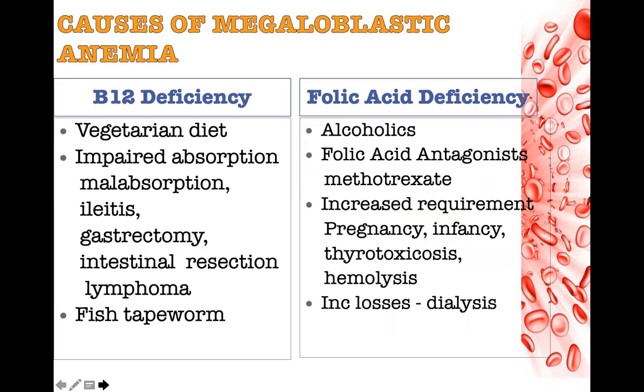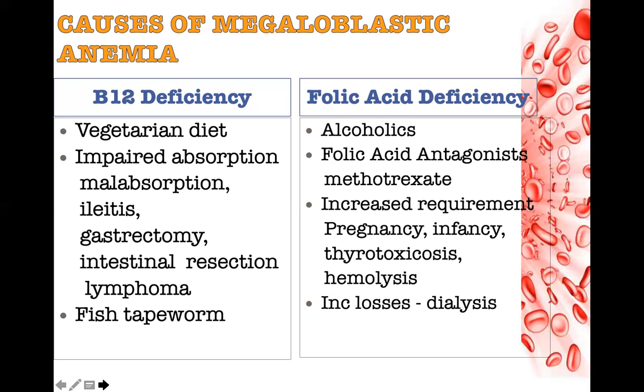Let's differentiate the causes of megaloblastic anemia. In B12 deficiency, you see this mostly in a vegetarian diet because B12 is mostly seen in meat, in particular red meat. Folic acid deficiency is often seen in alcoholics. B12 deficiency is secondary to impaired absorption, like what happens in certain malabsorption syndromes, colitis, gastrectomy, or intestinal resection, or maybe gastrointestinal lymphoma.